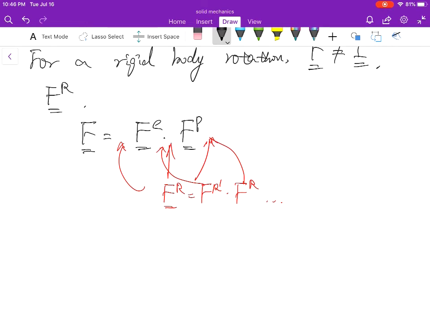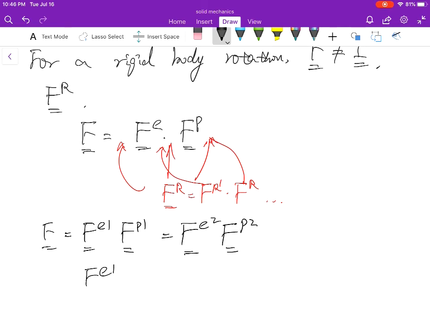I think because of this I've illustrated the non-uniqueness. So we can say that F equals Fe1 Fp1 equals Fe2 Fp2, where Fe1 is generally not necessarily equal to Fe2, and Fp1 is also not necessarily equal to Fp2.